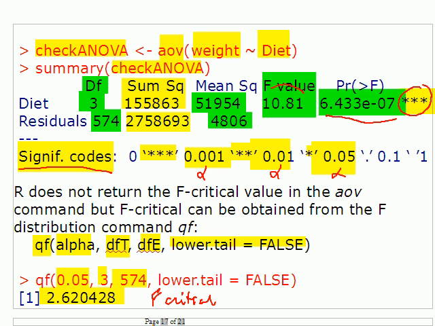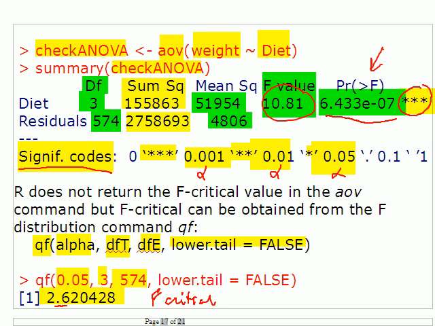And you can see that the 10.81 is much greater than the 2.6, and that just confirms what you already knew from the p-value. So you see, by using R and other software packages as well, performing this analysis is quite easy. You really didn't need to do the F critical value. That was just for information. You had everything you needed from just typing in the command aov.